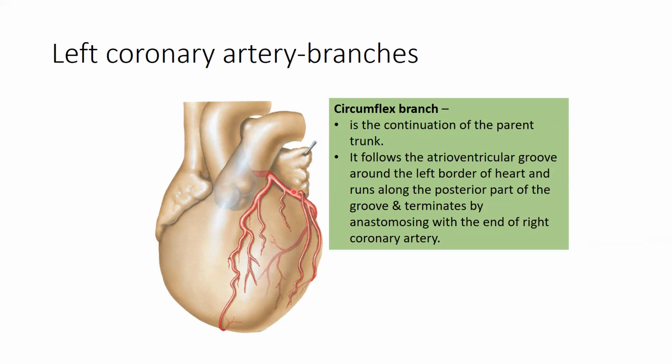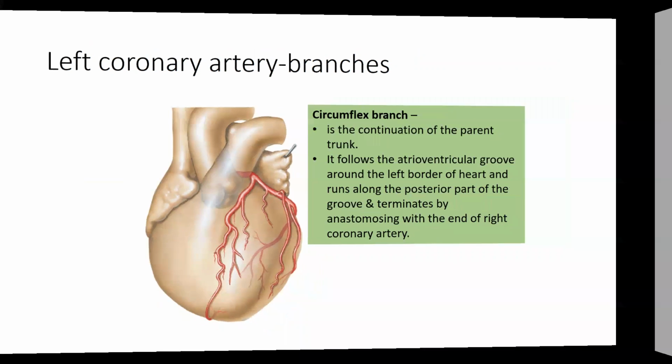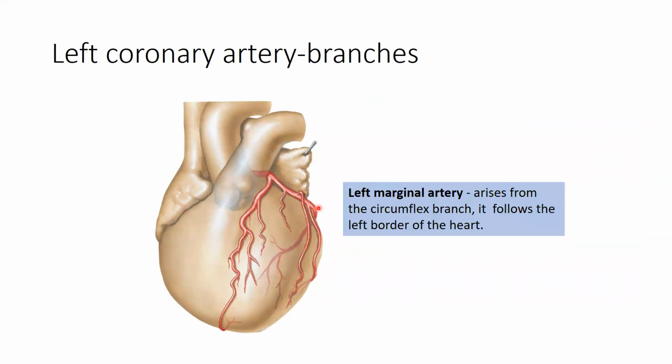It continues as the circumflex branch. Let's follow the AV groove around the left border of the heart, and it runs along the posterior part of the groove and terminates by anastomosing with the end of the right coronary artery. And the left marginal branch, this one. The marginal branch arises from the circumflex branch.